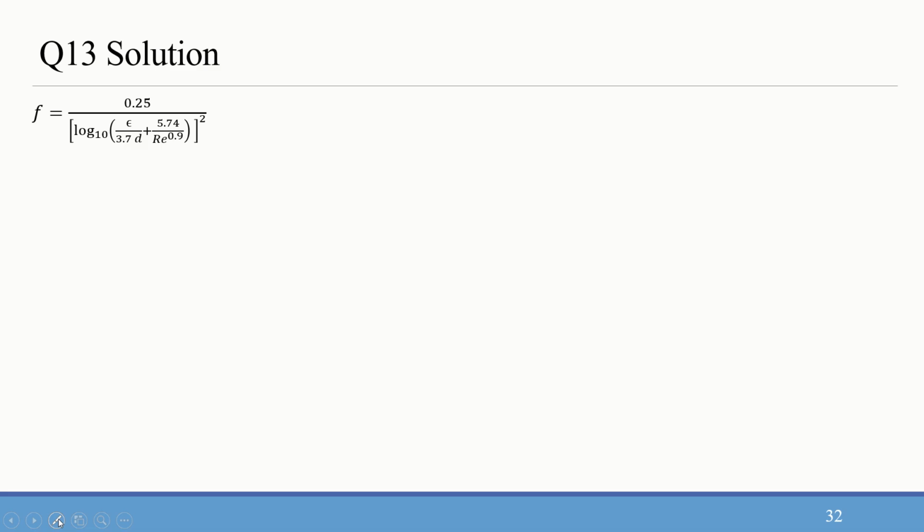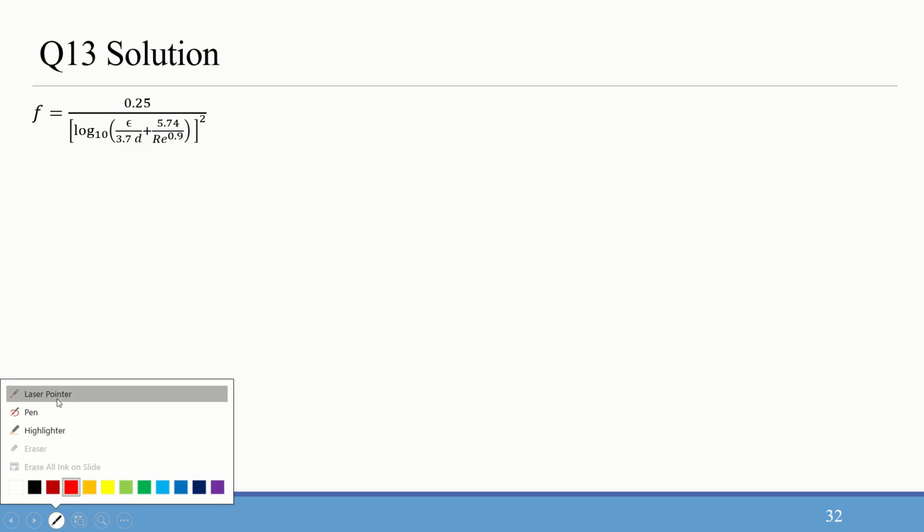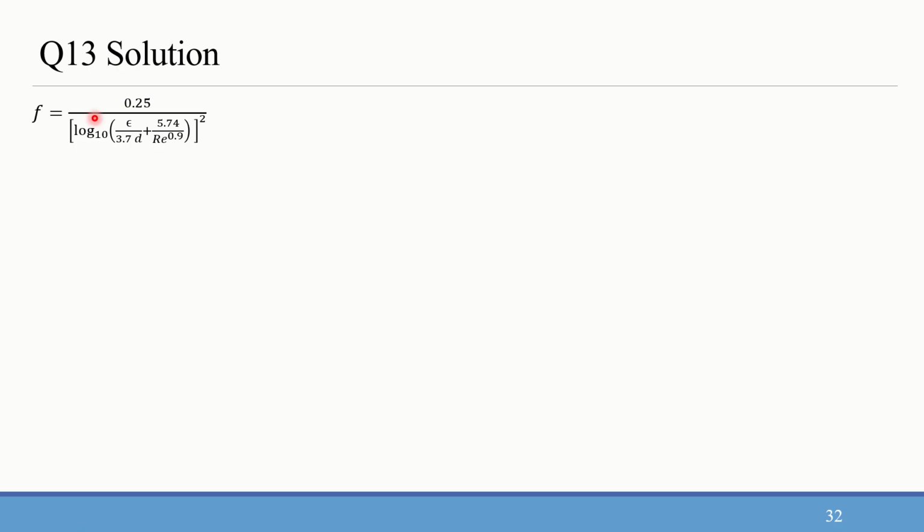So first we will find F. This is the formula which we used in the last class also, the Swamee-Jain explicit approach. F is equal to 0.25 divided by the log of epsilon by D over 3.70 plus 5.74 by Reynolds number to the power of 0.9, the whole square in the denominator. Epsilon by D is the roughness ratio and Re is the Reynolds number.